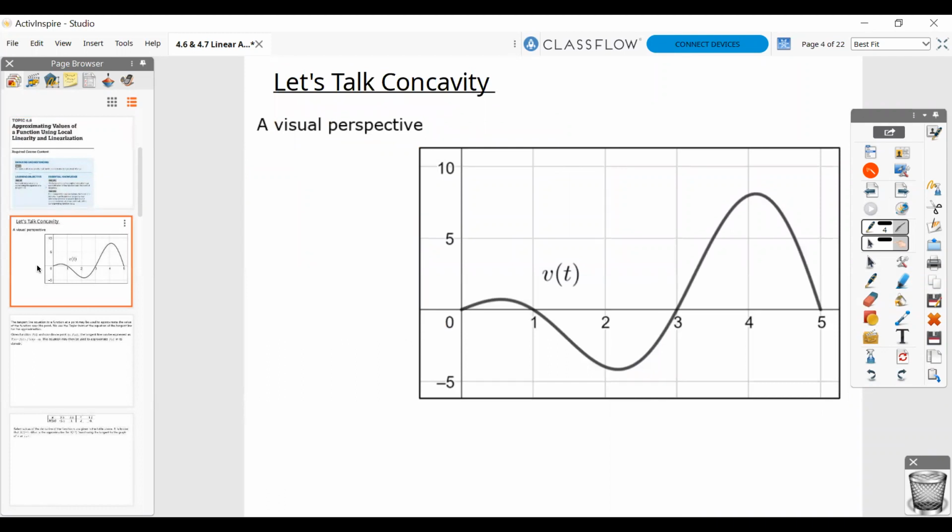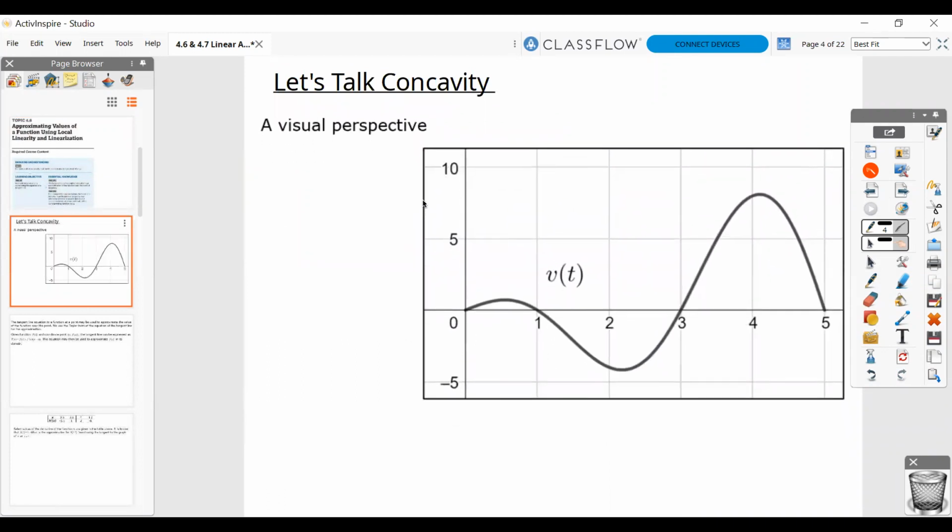So if we have a position function, we're going to call it P of t, then we can talk about its concavity based on A of t. A of t, of course, is the same thing as P double prime of t. And we can talk about concavity two ways.